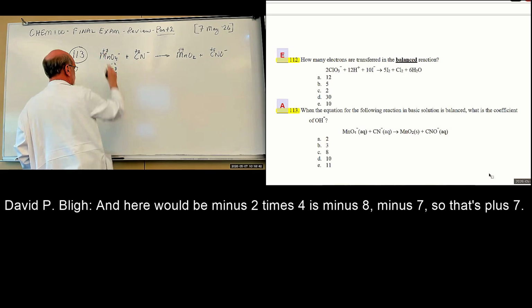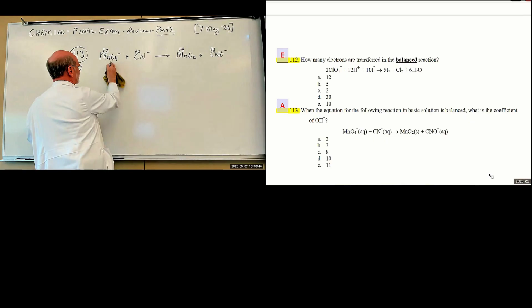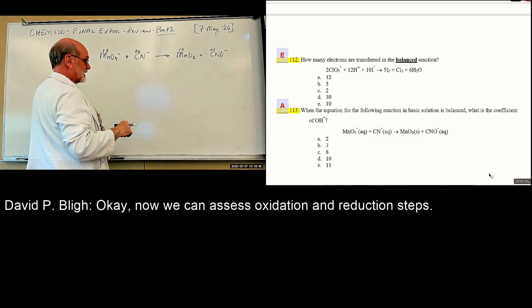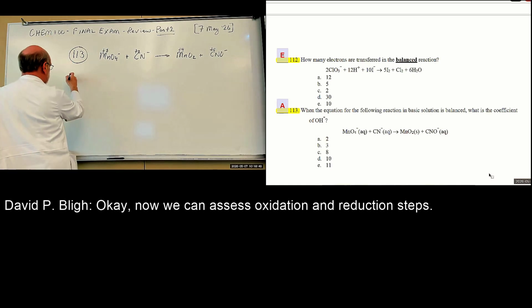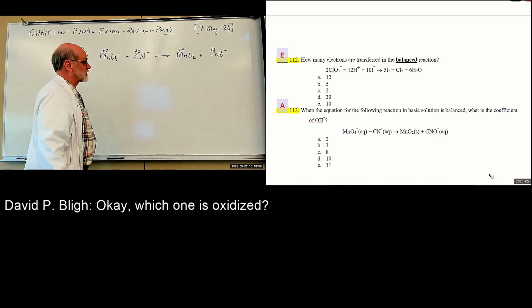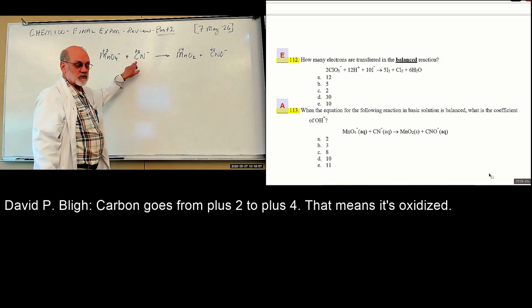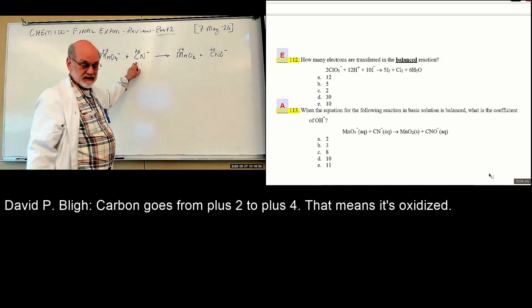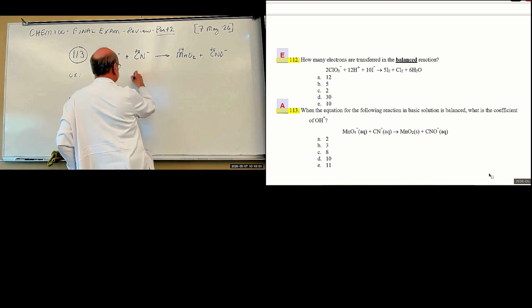So that's +7. Okay, now we can assess oxidation and reduction steps. Which one is oxidized? Carbon goes from +2 to +4. That means it's oxidized.